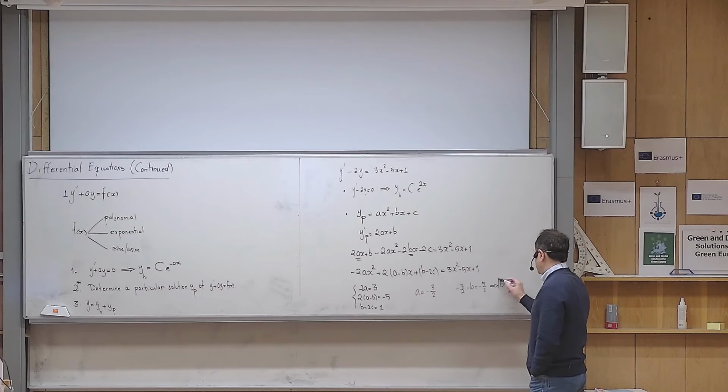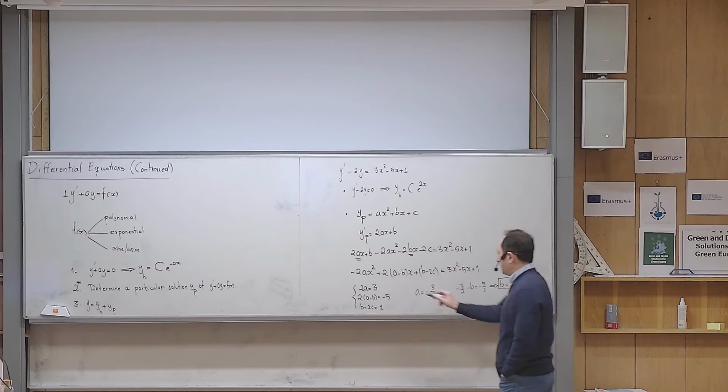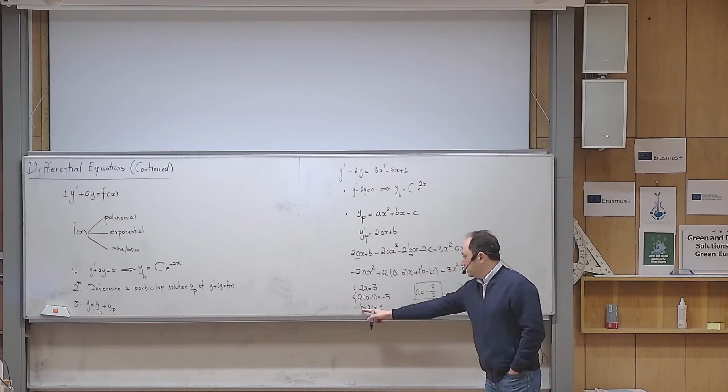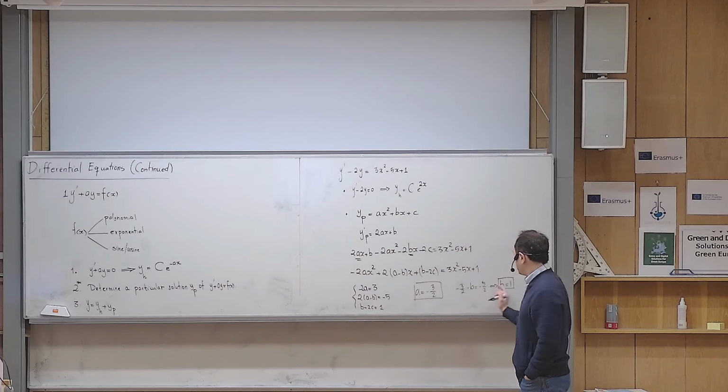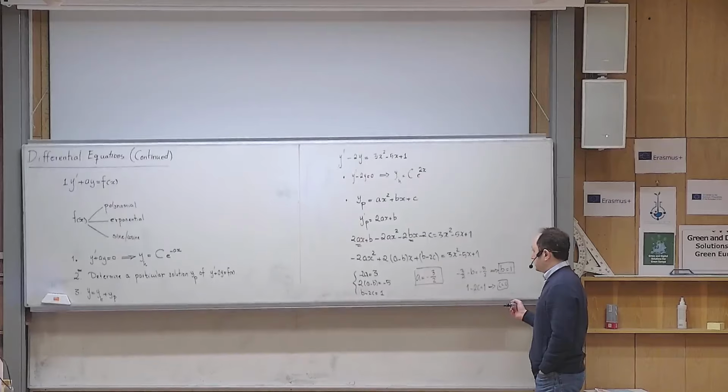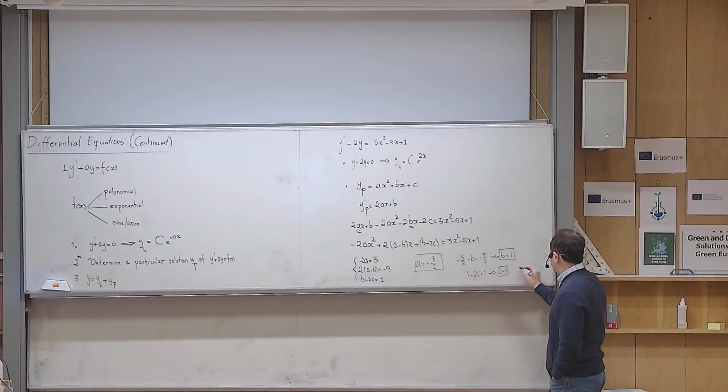So b is 1, a is minus 3 over 2. And then I go to the last equation, and c becomes 0, because b is 1. So this means that c is 0.